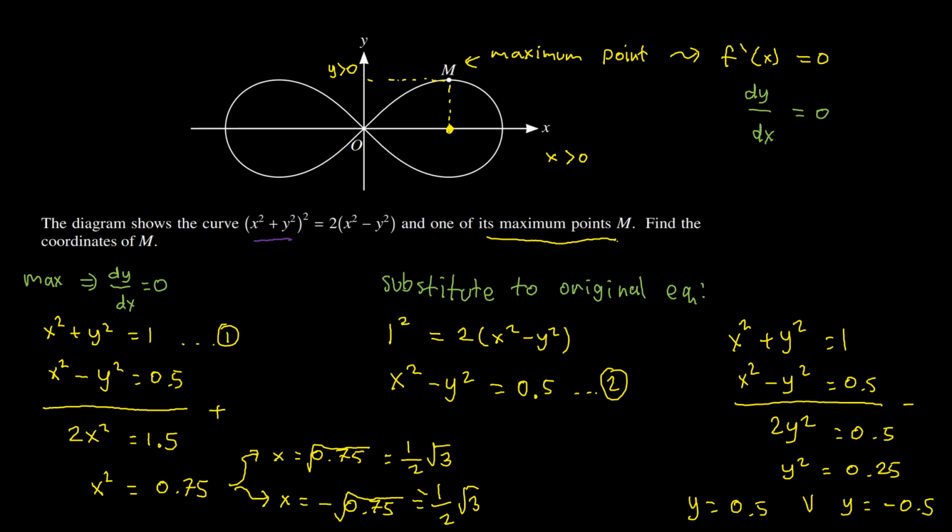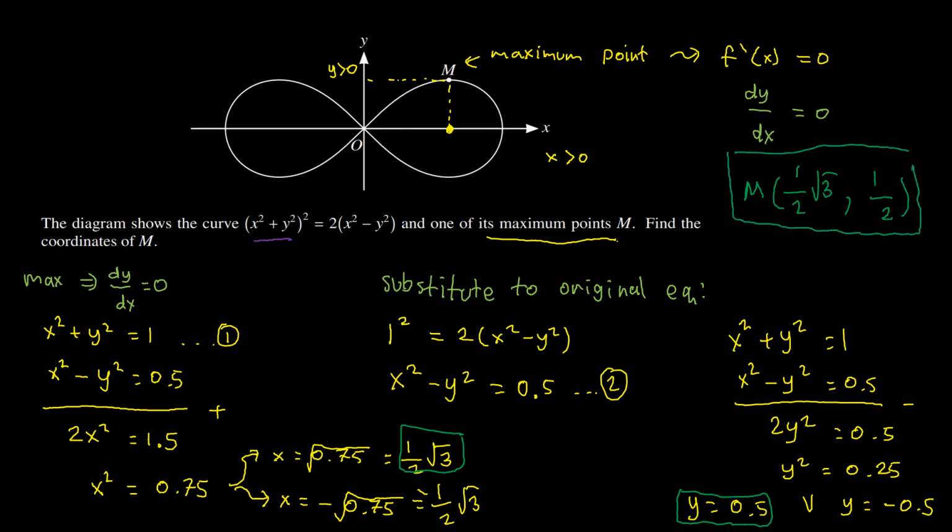But remember that x is greater than 0 and also y is greater than 0. So we take only the positive values of the results. So M will be 1/2 square root of 3 for x, and our y is 0.5 or 1/2. And this is our final answer, and we are done.